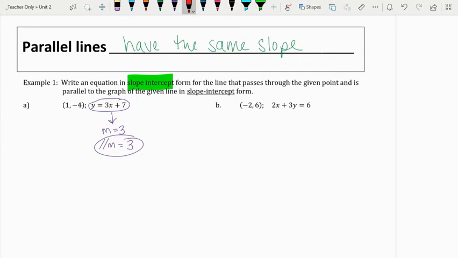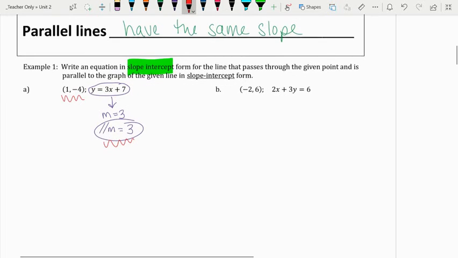So now we're back to where we always are: we have a point, we have a slope, so we can plug it into a form. So y minus our y1 equals m times x minus our x1, right? Remember, minus negative becomes plus. That's why it's plus 4. Big thing is we want slope-intercept form, so we're going to solve for y.